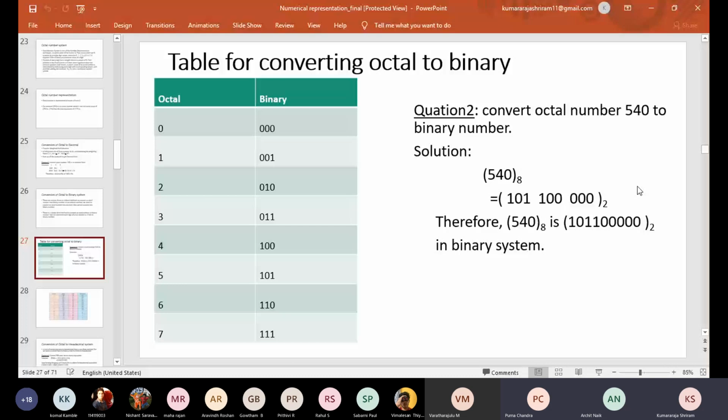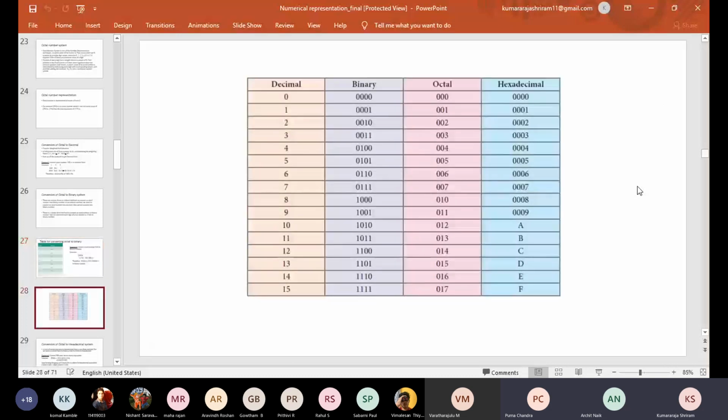The corresponding binary numbers are, for 5 it is 101, for 4 it is 100, and for 0 it is 000. So the binary form of 540 base 8 is 101100000, as you can see. Next slide. This is a complete conversion table. I just kept it as a reference. Next.